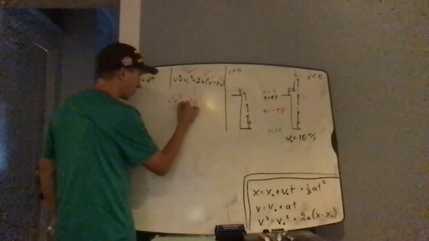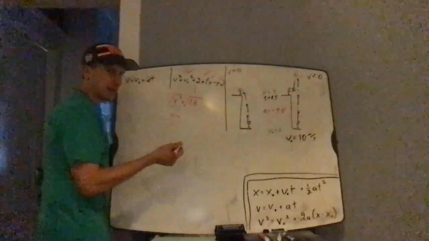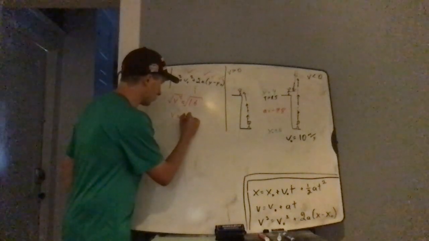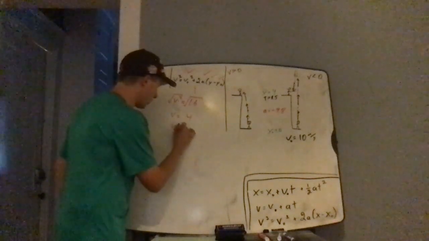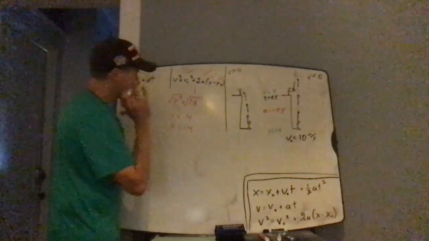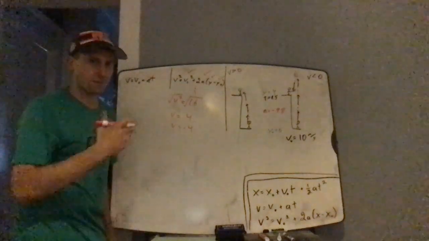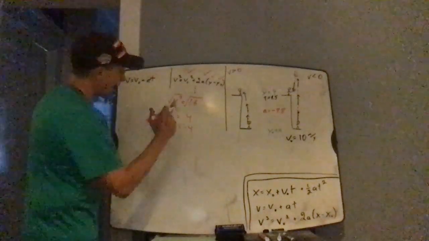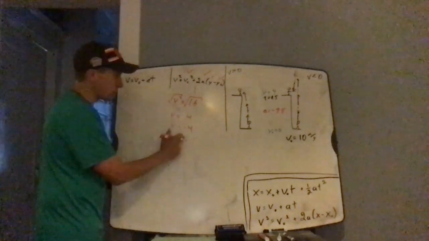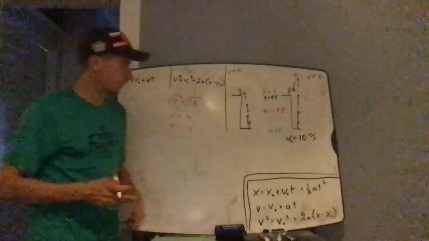If I take the square root of both sides, I would get v, but then I'm going to have two possible solutions for v. I could have v equals positive 4, or I could have v equals negative 4. So even though I have all the terms I could plug into this equation for finding what v final is, I still will have a certain ambiguity as to which equation actually matches up with which scenario.